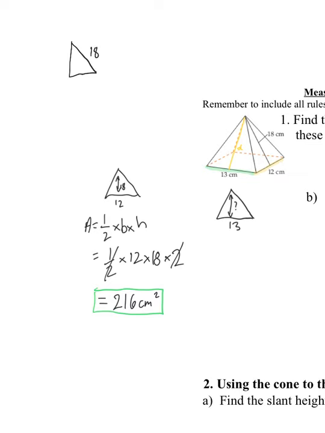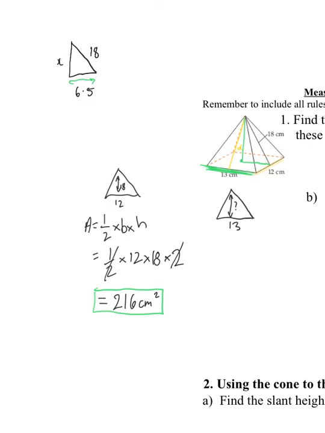And if the length across, this length again along here, is 13, we're going to use that to help us find the height of the triangle. We need the height of the triangle to find that X slant height. That 13 is not the whole length across the base, it's only going to be half of it. So that length is going to be 6.5, and we're finding the height X.